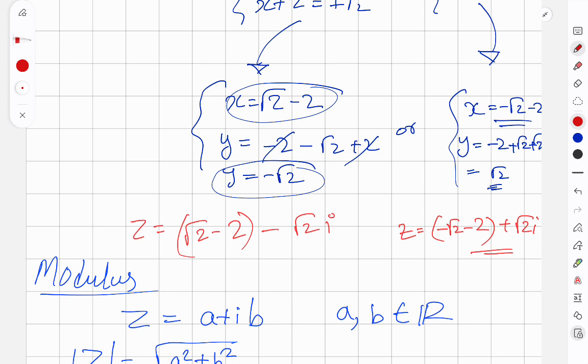There are several ways to solve equations, but I will only suggest those ways which are less prone to errors. In this way, you will never miss even one value. You will always include every single value. If you want to do it in some other way, you can, but be careful. It's very easy to make mistakes.